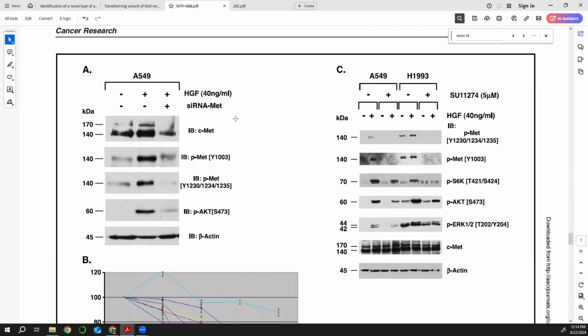So, for example, all of this work was done in cell lines. Can any of this be done in a more in vivo situation in, for example, mouse models of non-small cell lung cancer harboring MET overexpression or MET mutations?